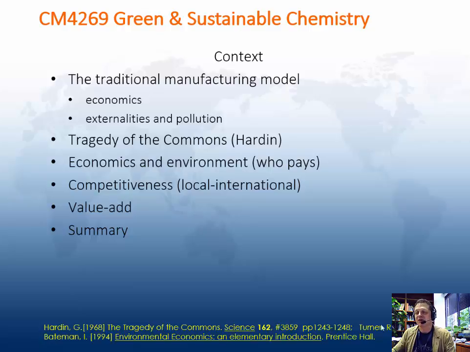The references appear here, and Kerry Turner and Co., Environmental Economics: An Elementary Introduction. You'll find these two references useful for today. In addition, there are other references scattered through the lecture slides. This small yellow text is how I will usually give references on this course.